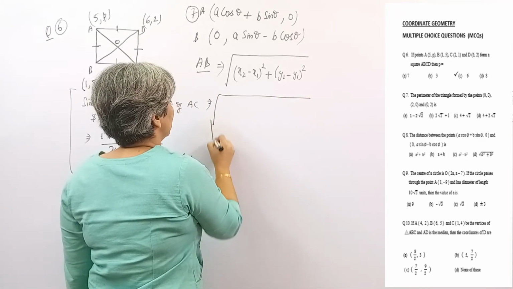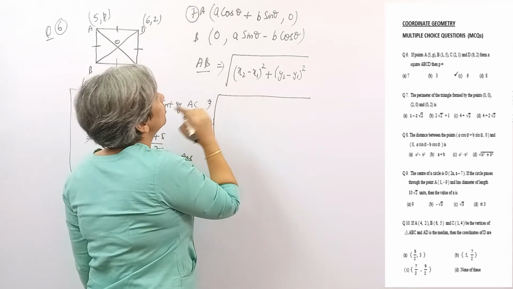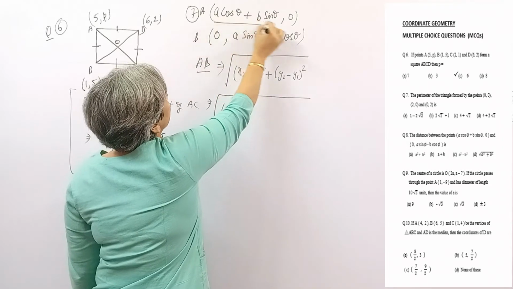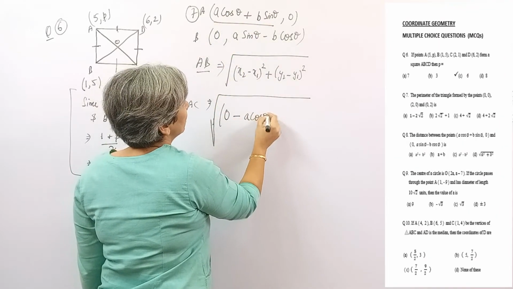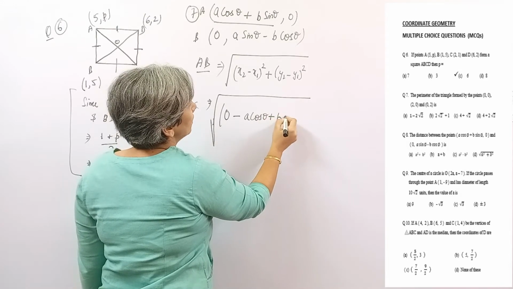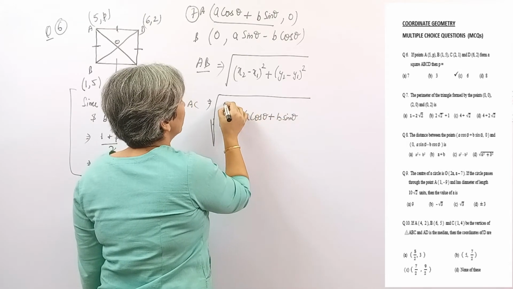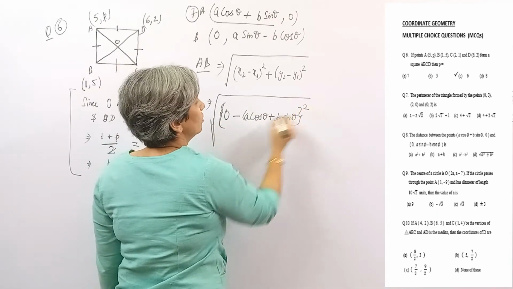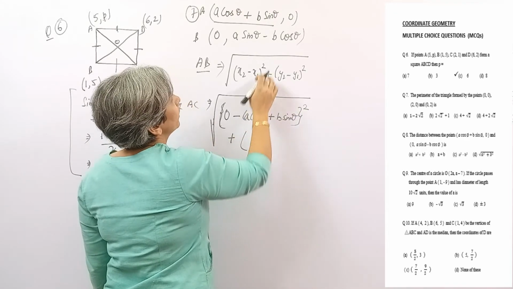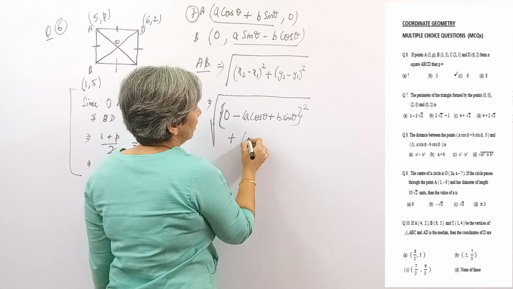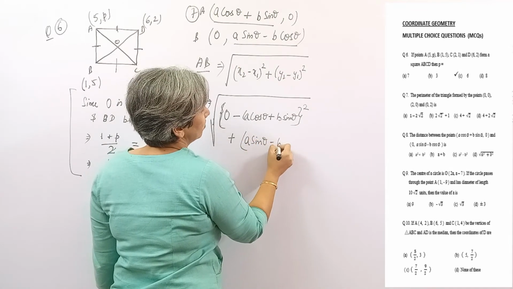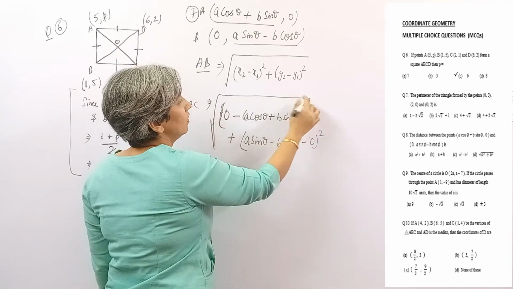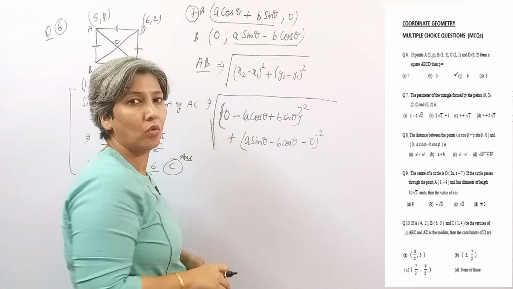So x2 minus x1, x2 is 0 minus x1, a cos theta plus b sin theta, whole square, plus y2 minus y1, y2 is a sin theta minus b cos theta minus 0, whole square. This is all under square root. Fine.